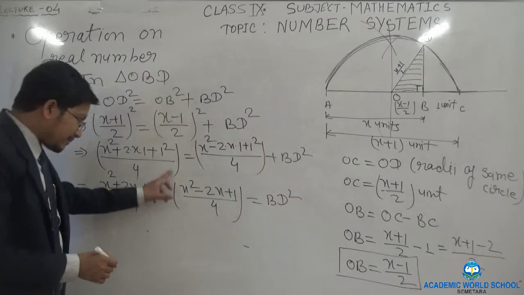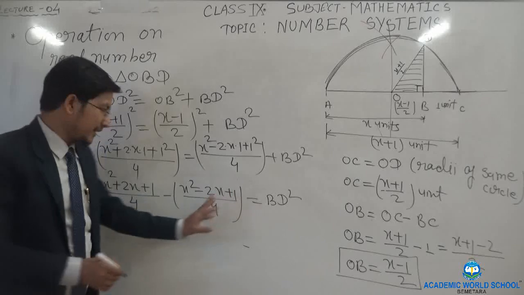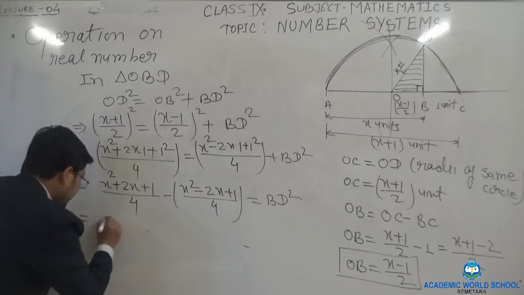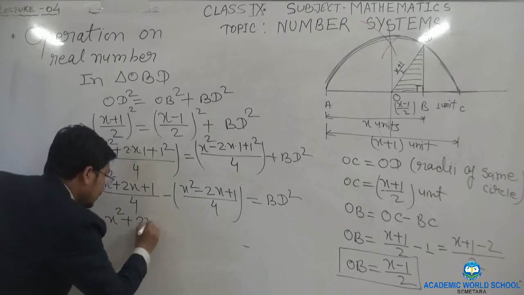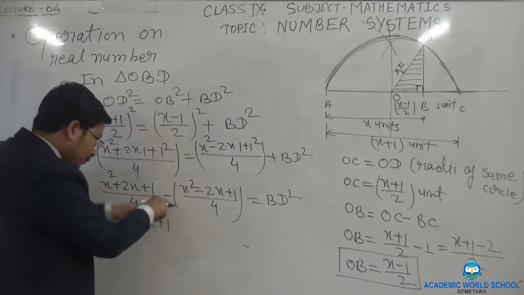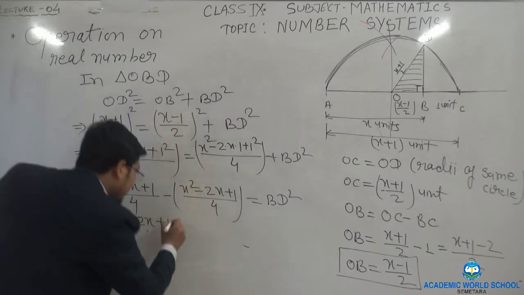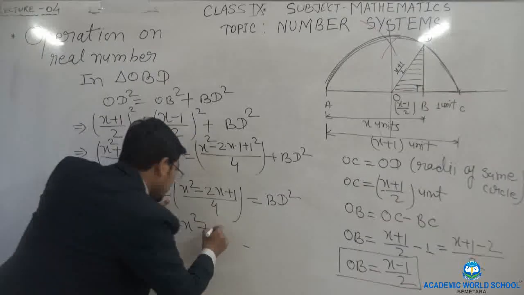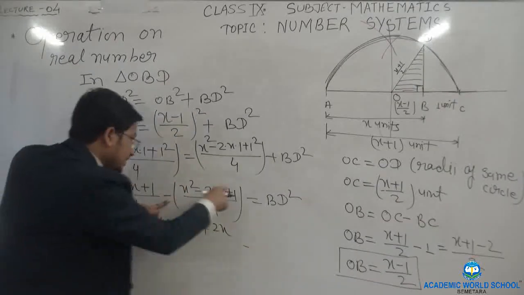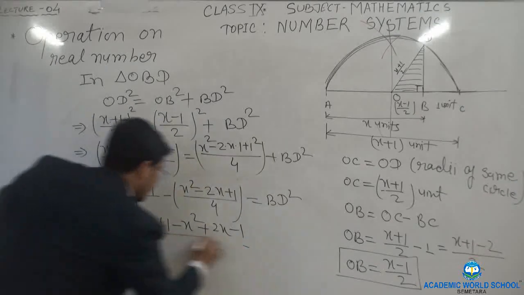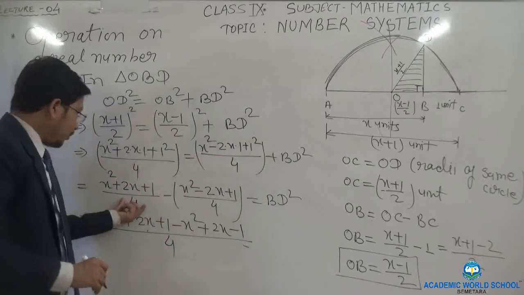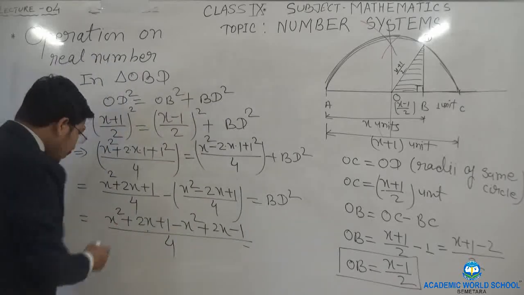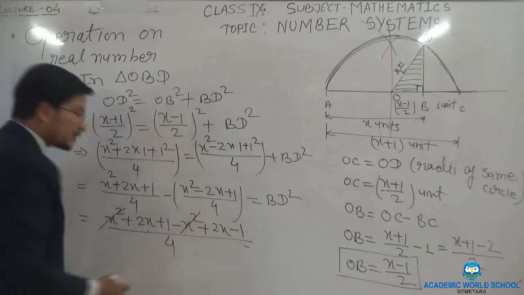Now we open this bracket and the signs are interchanged. So x square plus 2x plus 1 minus x square plus 2x minus 1, the whole upon 4, because the denominator is 4 on both sides. Now x square and minus x square terminate each other.